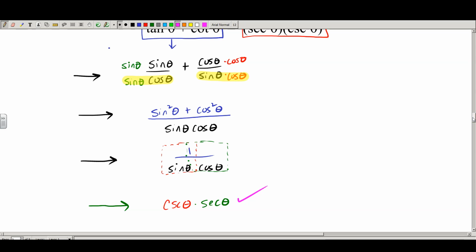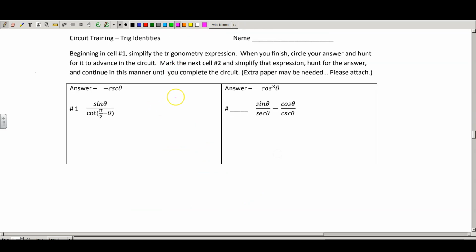What you need to do in this section is that worksheet that I gave you, and it's kind of a circuit worksheet. So if you bring that out, what you do in this worksheet is you start at question number 1, and you look at the problem and you try to simplify it.